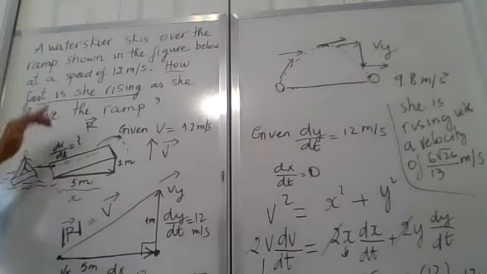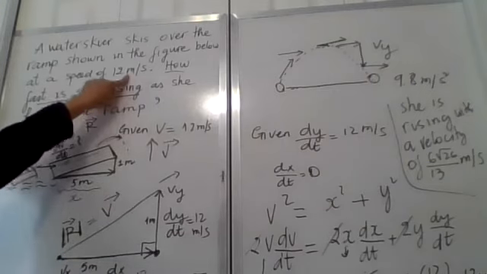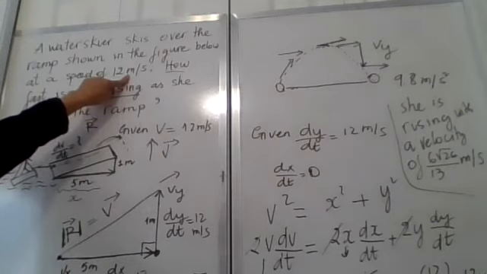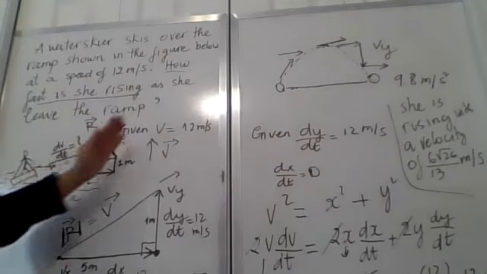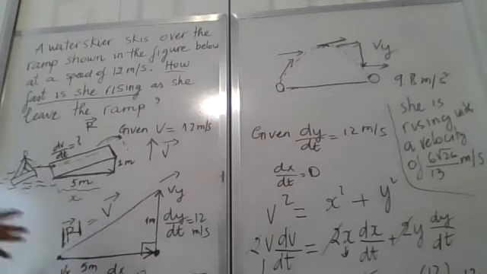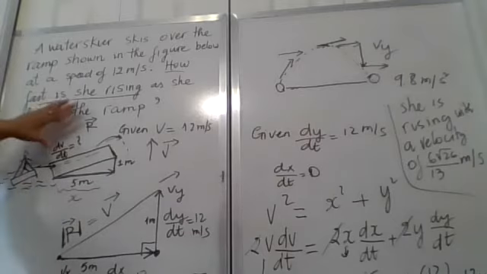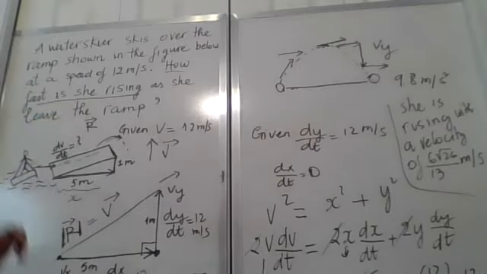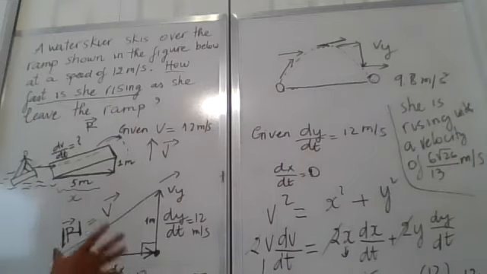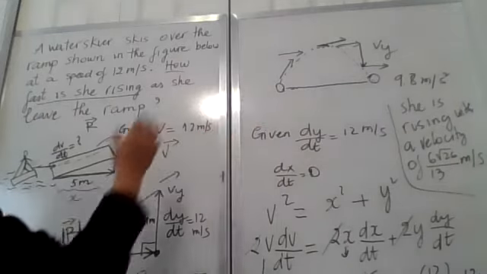And she skis over with the speed of 12 meters per second. But we know that this must be the vertical speed, and not the horizontal velocity. So the question asks, how fast is she rising? We have to apply a little bit of physics in this case, because we have two vector components.